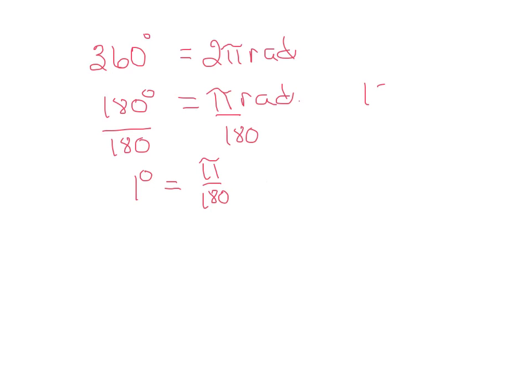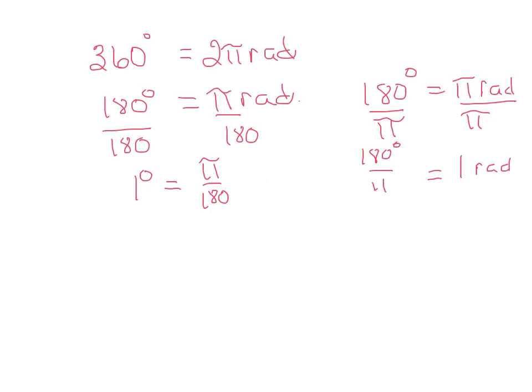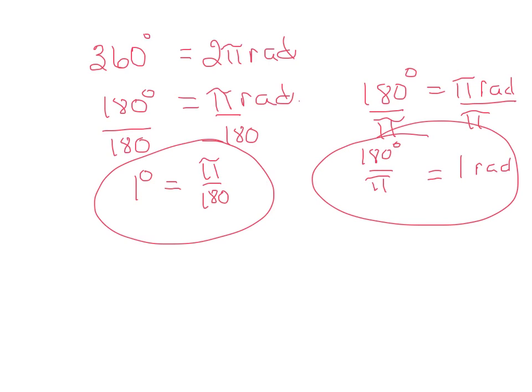Let's go the other way. I have 180 degrees is equal to pi radians, and I want 1 radian, so I'm going to divide both sides by pi. So we know that 1 radian is equal to 180 degrees over pi. And these are our 2 conversion factors from degrees to radians or radians to degrees.